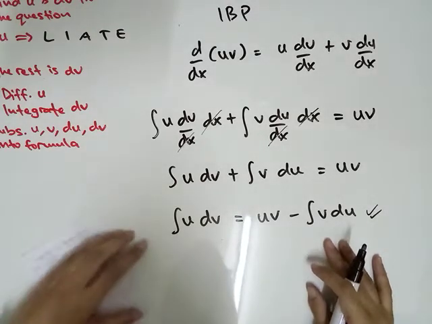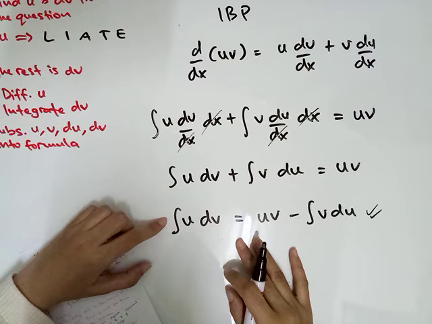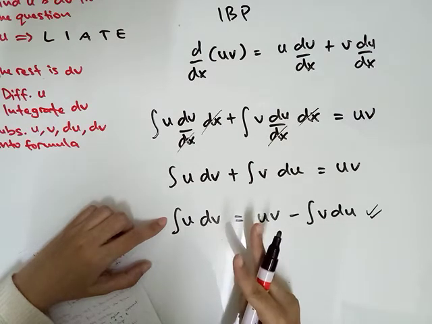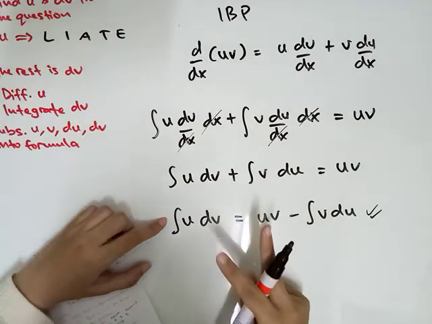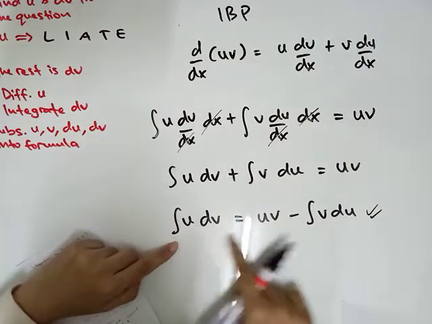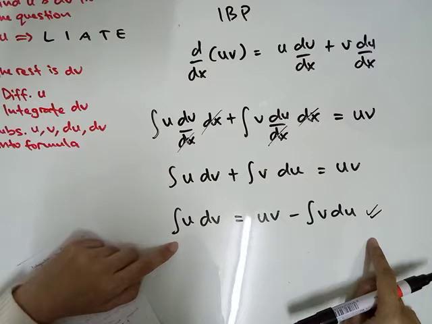Okay, when should we use this formula? When we find an equation that is the product of two functions, we have to use this formula, IBP, integration by parts.